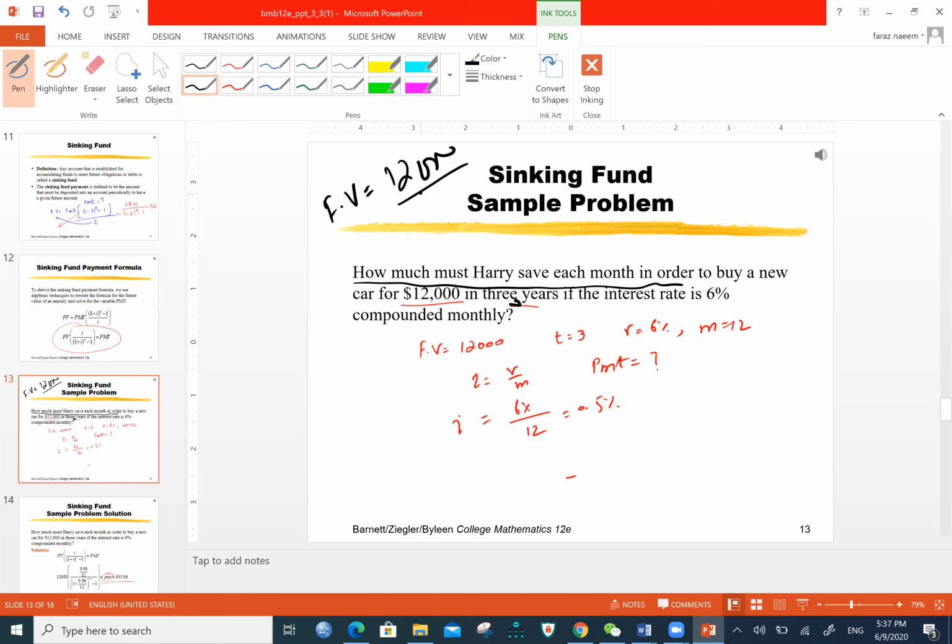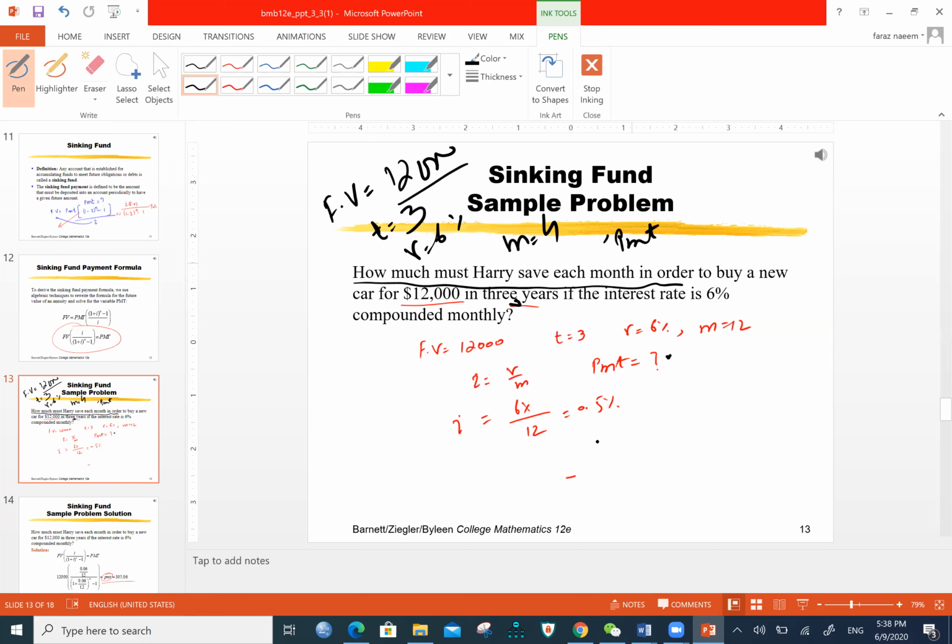How much should you save each month in 3 years, at 6% interest, compounded monthly?